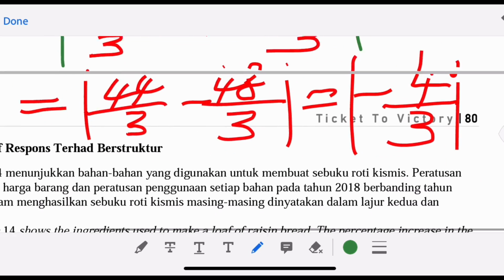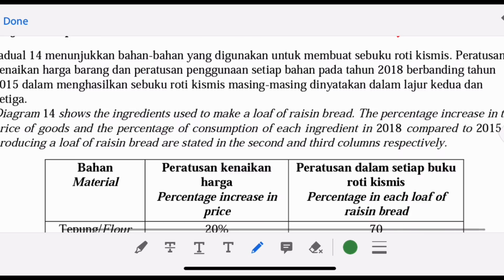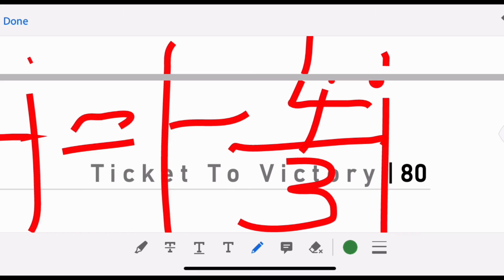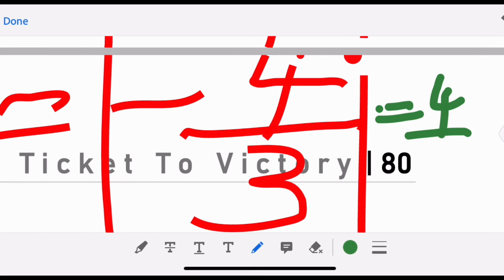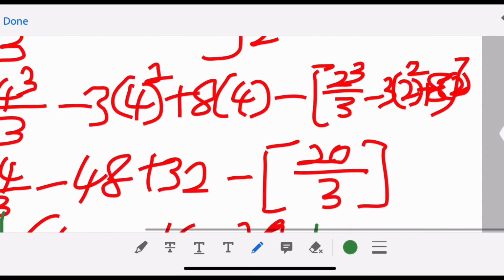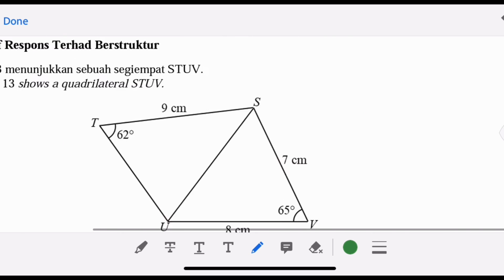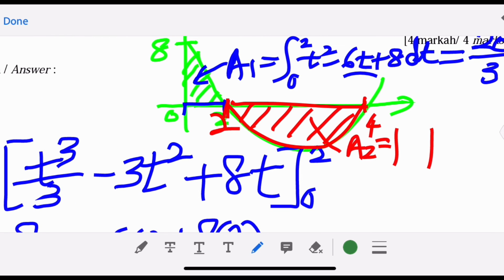So the area is 4 over 3 meters, right? So we write the area is 4 over 3 meters for the down part. So this is the area that we're going to add on. So negative 4 over 3, we will consider the magnitude 4 over 3.